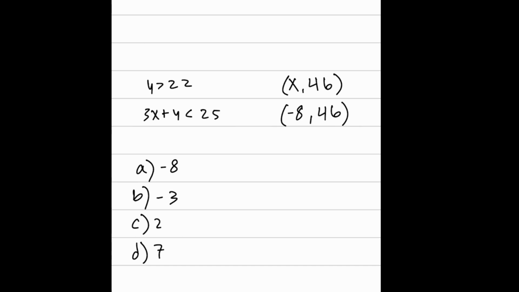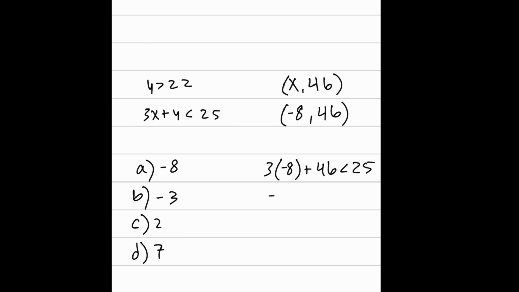So for the first inequality, y is greater than 22. If we plug in 46, we get 46 is greater than 22. So that checks out, right? That works. Okay, now let's look at the second inequality, 3x plus y is less than 25. So I can do 3 times -8 plus 46 is less than 25. Does that work?